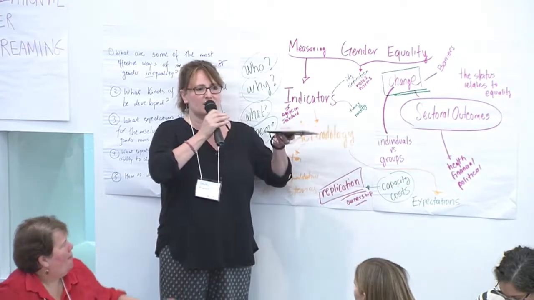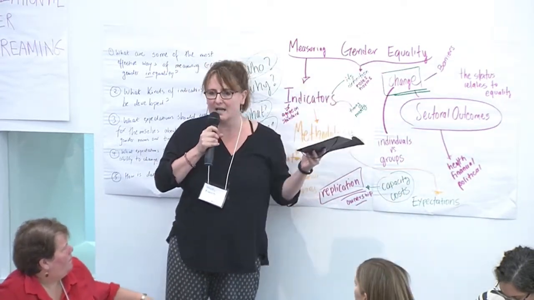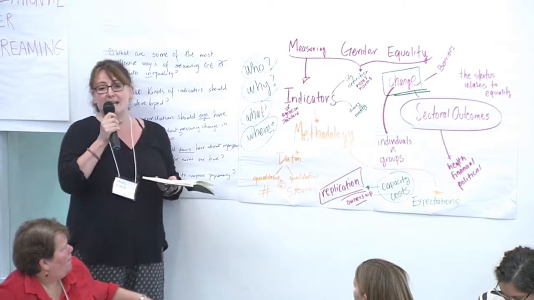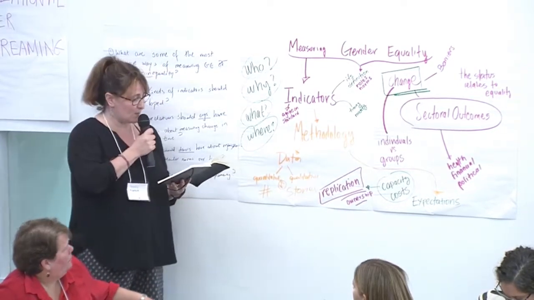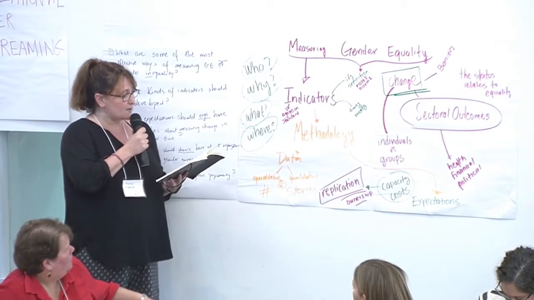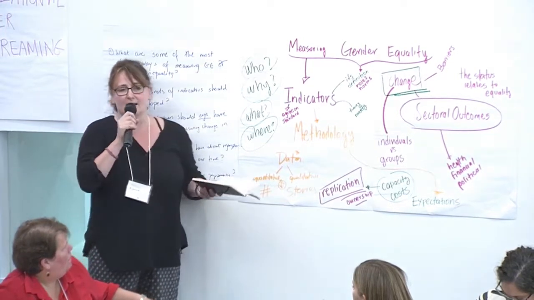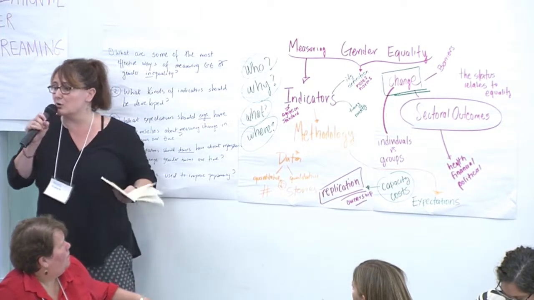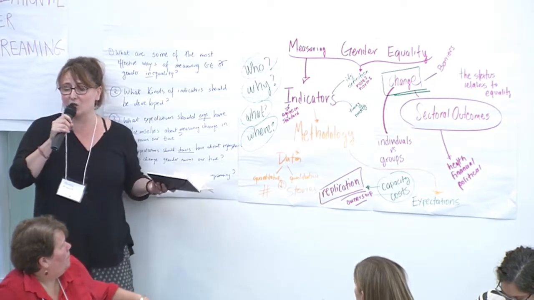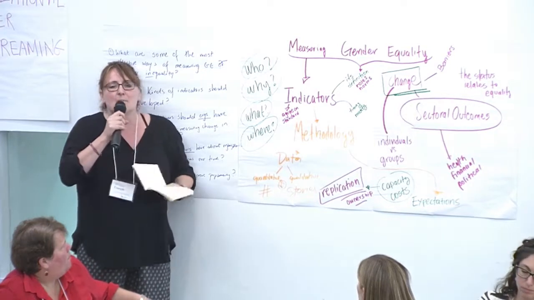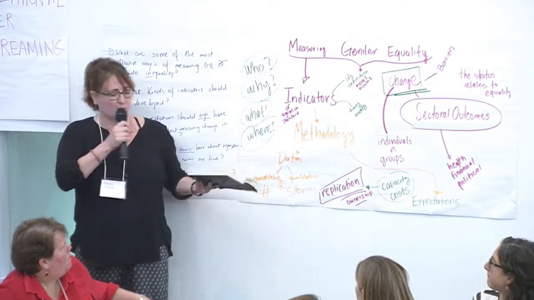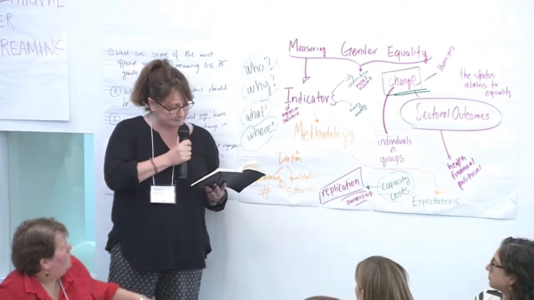So knowing that there's much more to go beyond just being able to measure that women and men have the same opportunities and whatnot. We also talked about the tension between individuals and groups in seeing how change occurs, not only with an individual and measuring that, but what sort of impact it has on a more community-wide level.